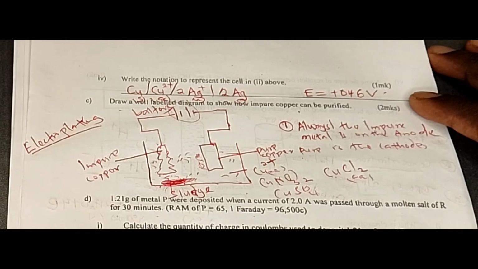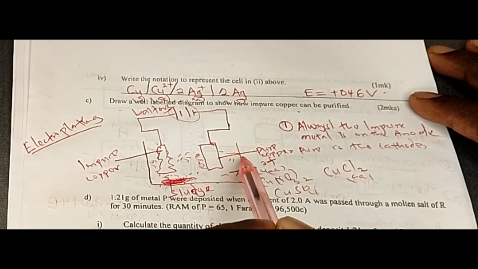Like now, if I have a silver spoon, I want to electroplate it with maybe gold to make it look attractive. Number two is to prevent them from corrosion or rusting, like in the case of iron. So the metal to be electroplated is always on the cathode.